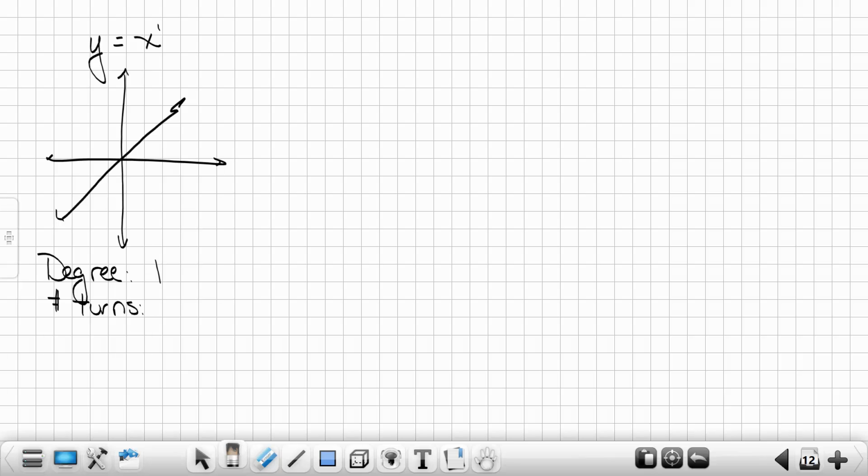How many times does that line turn? 0. Lines don't turn, that's why they're lines. Okay?